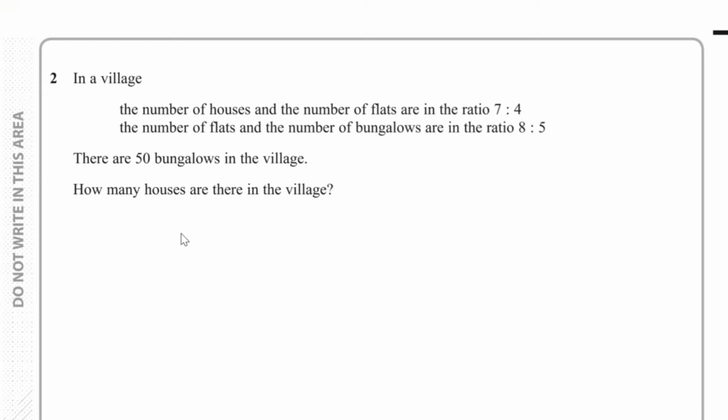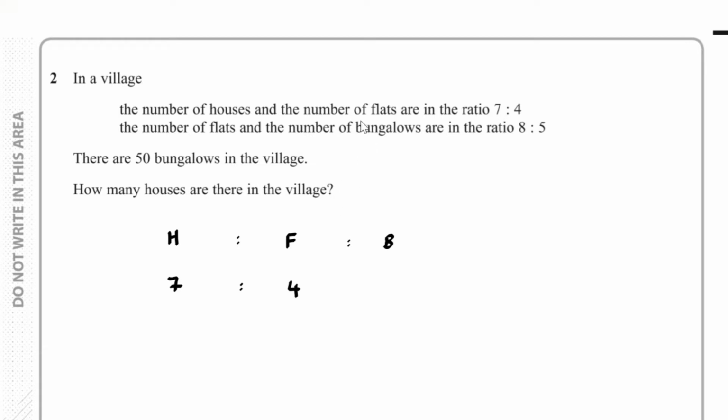So we have houses to flats to bungalows, and we need to find out what this ratio is. Now, we know that the ratio of houses to flats is 7:4.